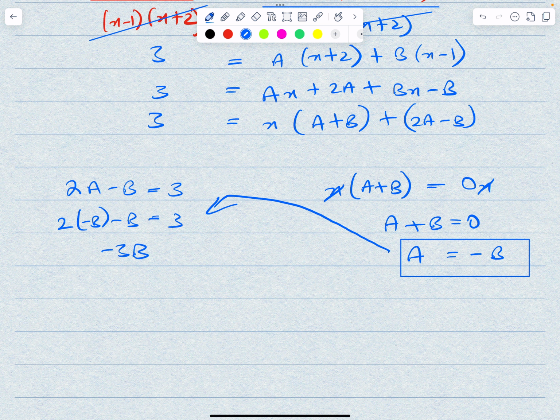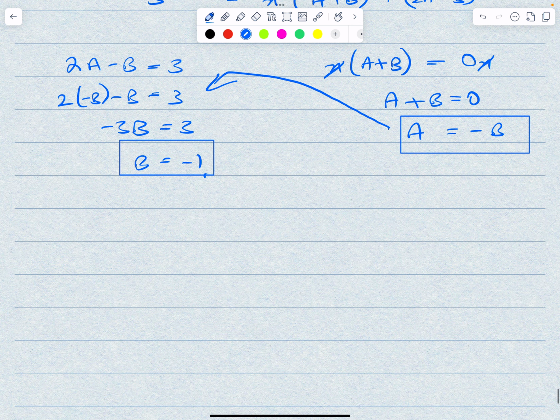That is minus 3B is equal to 3 and B turns out to be minus 1. Consequently, when I substitute this into the second equation, I have A as 1.